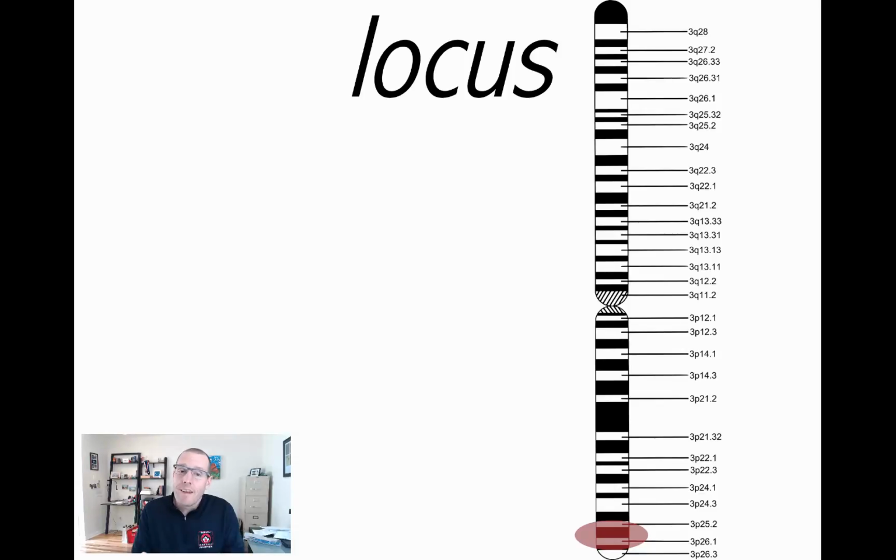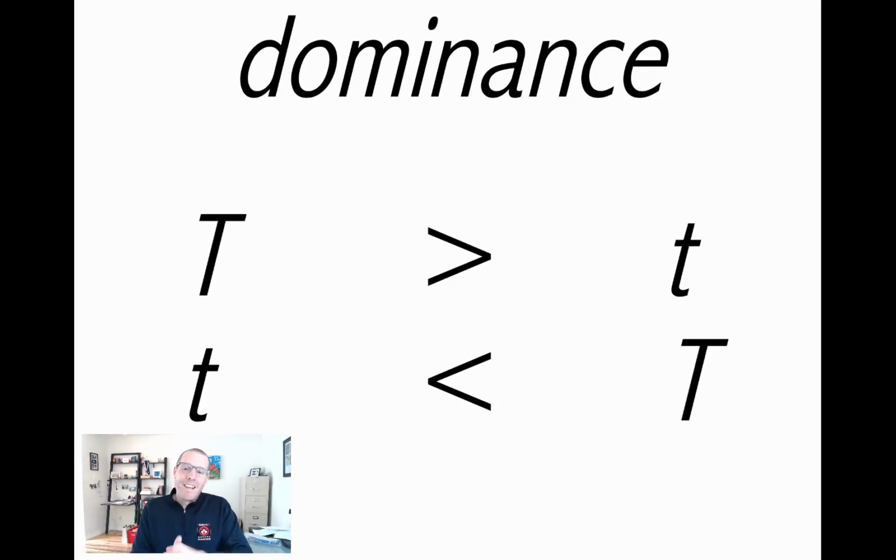Maybe we're talking about a tRNA, or a ribosomal RNA, or a microRNA, all kinds of different functional products encoded by genes which have specific locations called a locus on a chromosome. And you don't have to worry too much about the details here with all these letters and numbers. All you need to know is that genes exist at specific points on chromosomes, and those are called the locus. So let's go back to thinking about alleles.